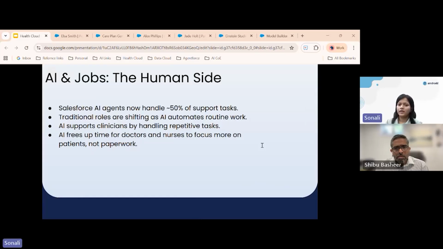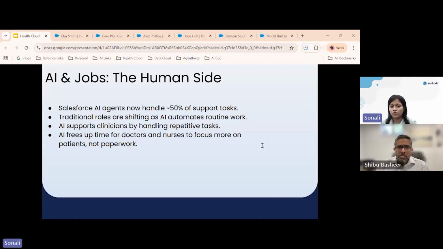But I think instead of replacing jobs, the real value is in shifting the focus, as we already talked about. Clinicians and care teams get more time for what truly matters. They can go to their patients, listen to them, and provide empathy, which no AI or traditional software can do. So instead of considering that AI will replace a job, consider that AI will give care team members more time.